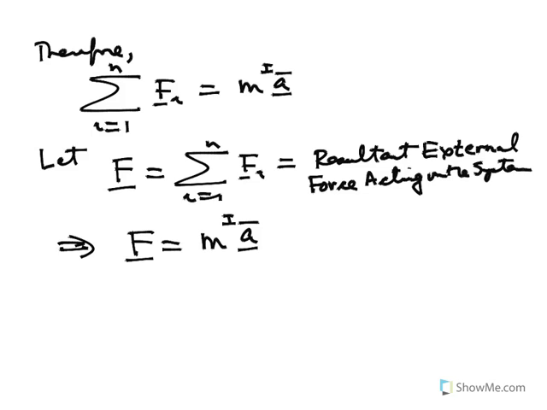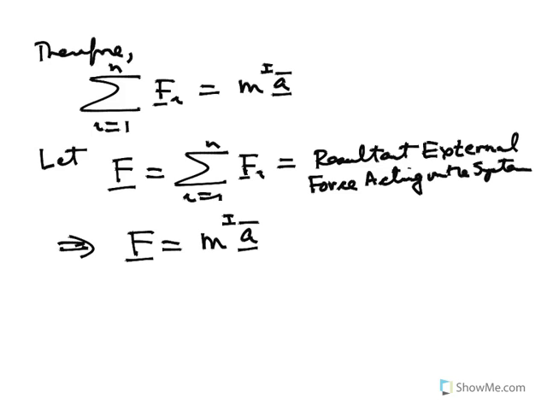Now this looks like Newton's second law, but it's actually not Newton's second law. It's a derived result. It basically says that the sum of all the forces external to the system is equal to the mass times the acceleration of the center of mass of the system. It's the first result in kinetics of a system of particles that is actually used when analyzing systems with multiple particles.